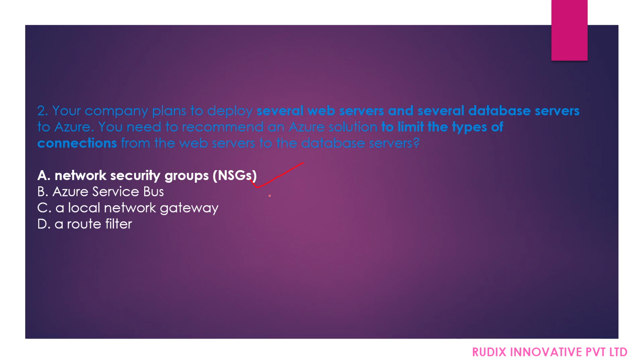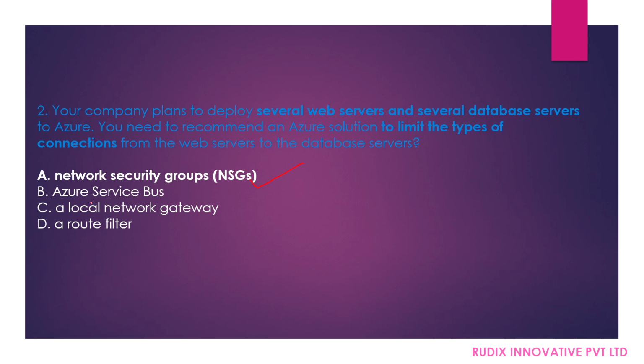It enables you to define inbound and outbound security rules based on source and destination IP addresses, port numbers, and protocols. These allow you to restrict access to only the necessary communication between the web servers and database servers, enhancing security by reducing the attack surface and potential threats.